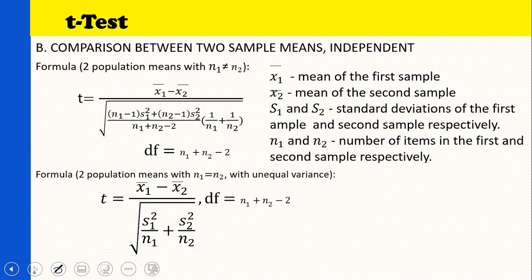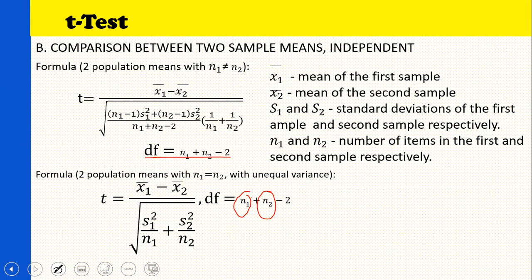And the degree of freedom is computed as the first sample plus the second sample minus 2. As you can notice in our formula, we have already included the number of samples of the first group and the second group minus 2.